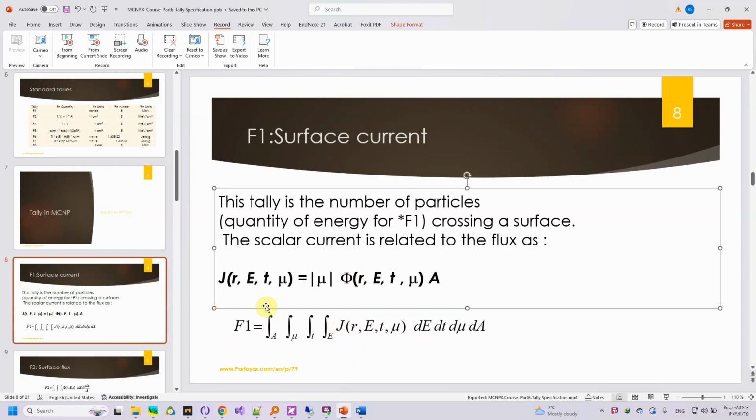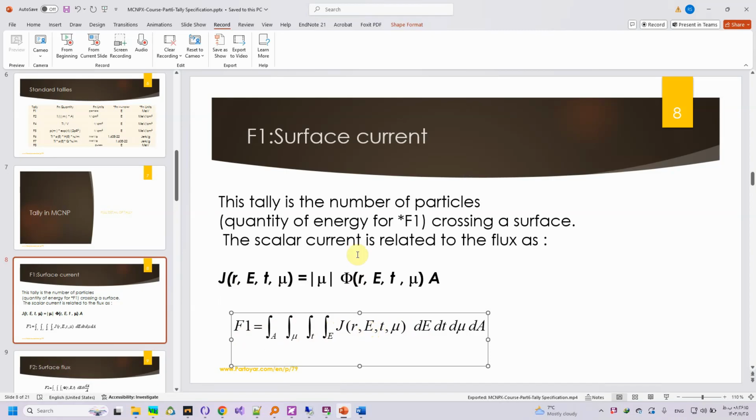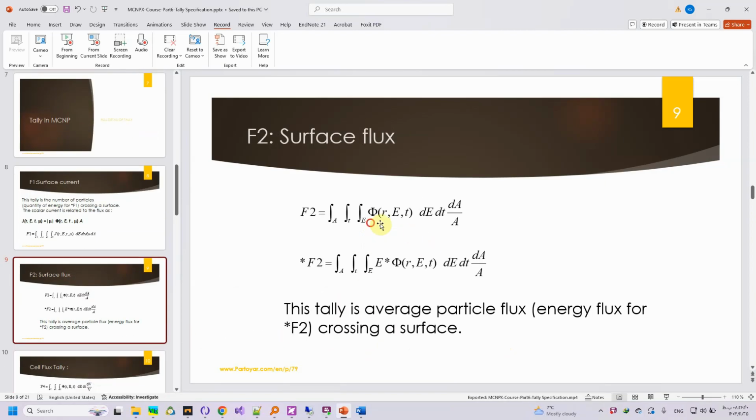When we say that F1 is a function of energy, it means that we can use F1 in relation with energy cards. Here is F1, and if we use *F1, it means that here we use the product of E and this parameter.